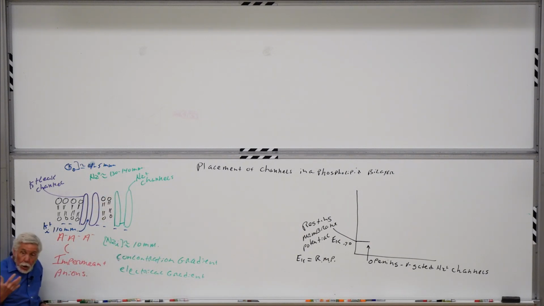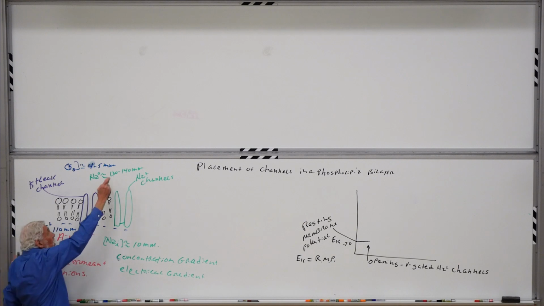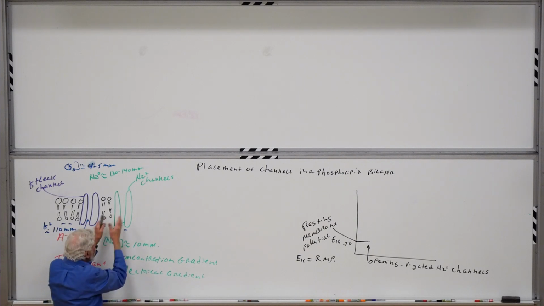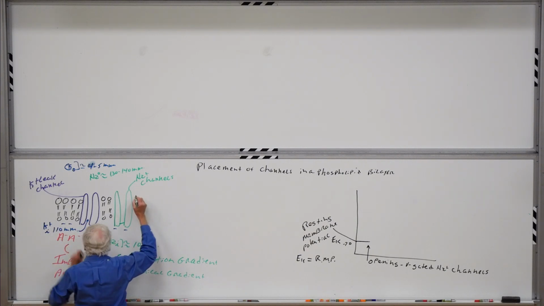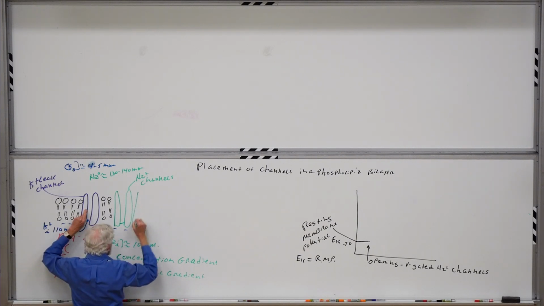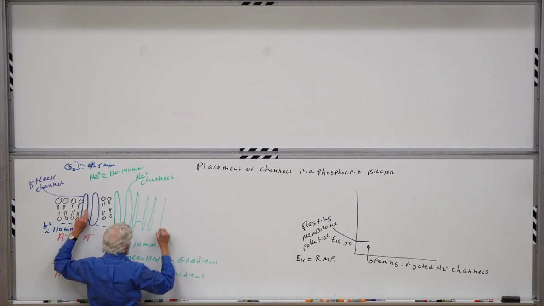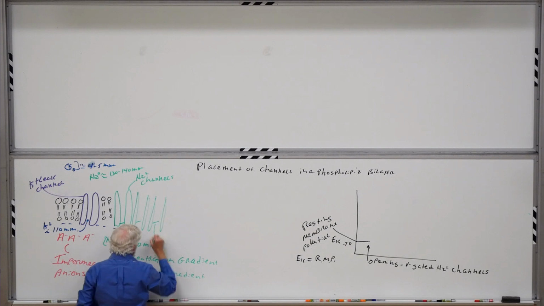So there are multiple forces driving the sodium from the extracellular environment into the intracellular environment. But what's different about these sodium channels from the leak channels makes all the difference in the world, because these channels are gated.